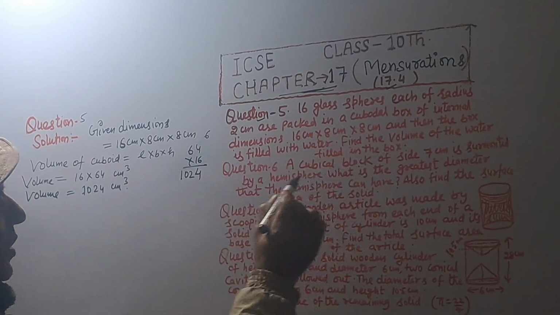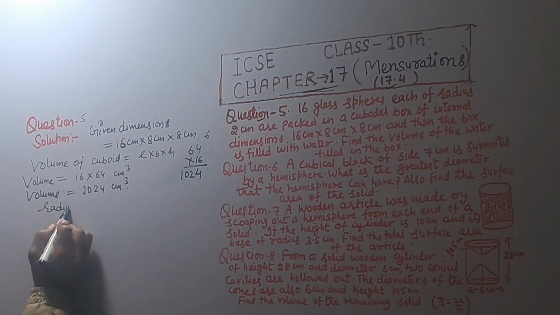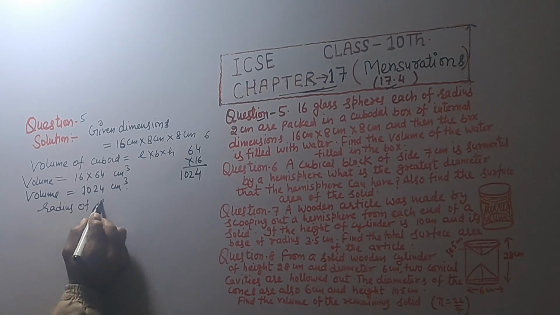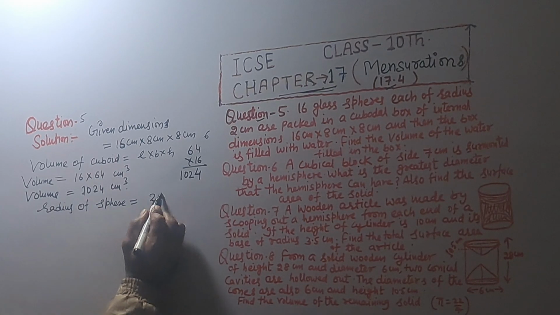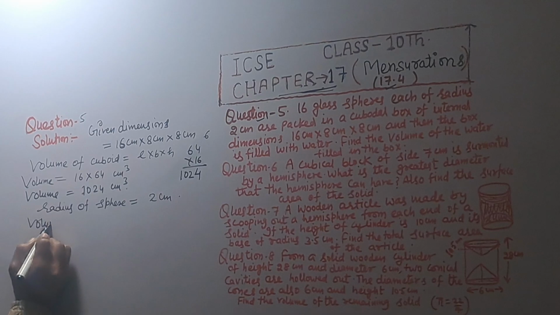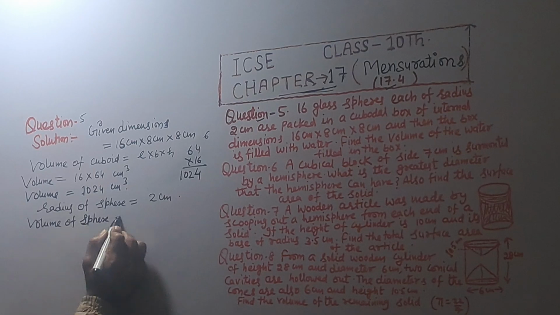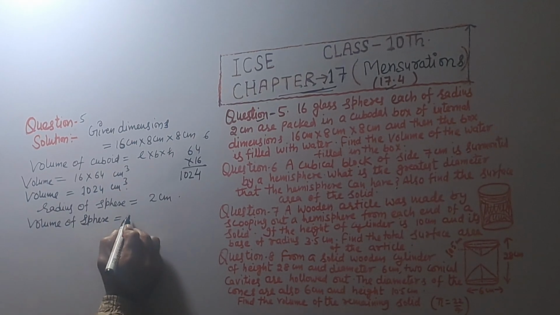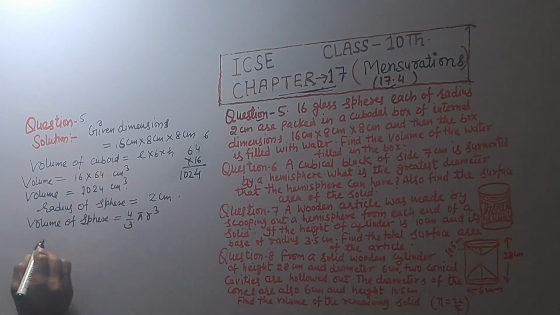And sphere. Radius of sphere is equal to 2 centimeter. Volume of sphere is equal to 4 upon 3 pi r cube.